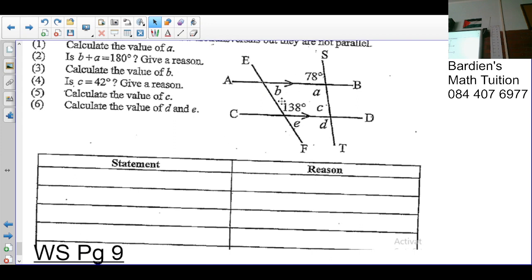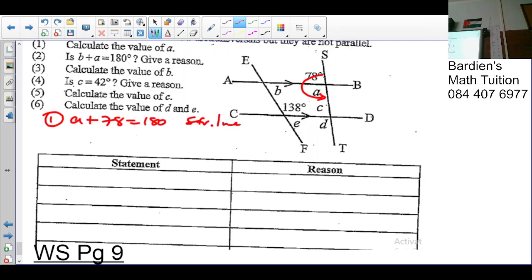A plus 78 is equal to 180. Why? Right, well done. You're saying it's a straight line. So a is equal to 180 minus 78, which is? Well done, Blessing.